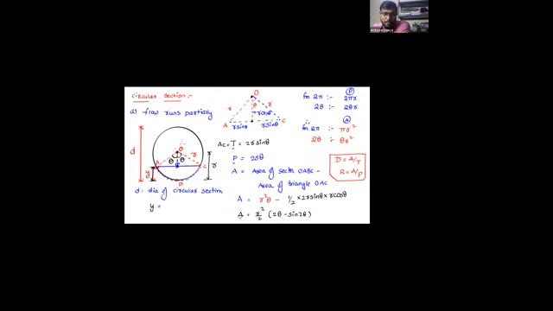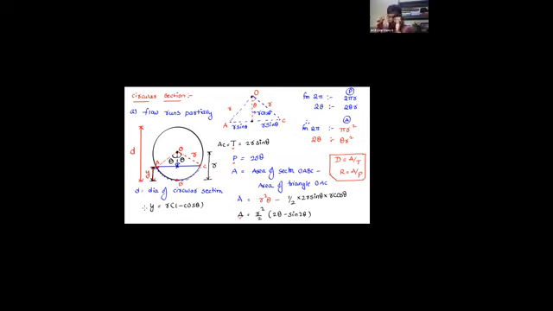So this portion of y is r minus r cos theta. If you take r as common, then r into 1 minus cos theta. So if you know the depth of flow, then you can find out the theta value.